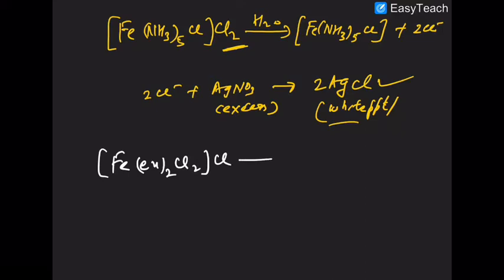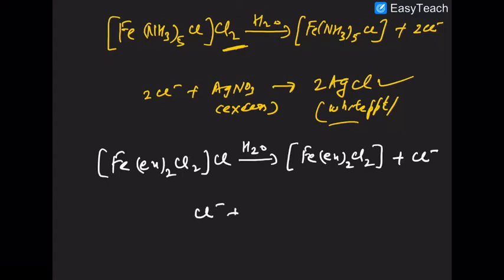Similarly, in the next case, if you have a complex like that and you add water into it, this complex will remain intact, plus you have formation of 1 chloride ion.